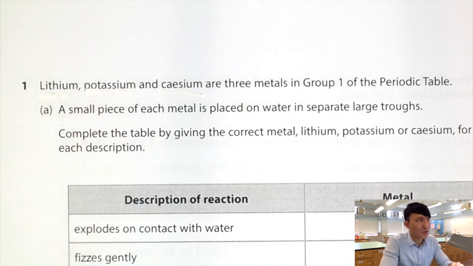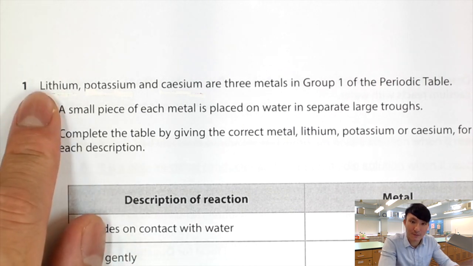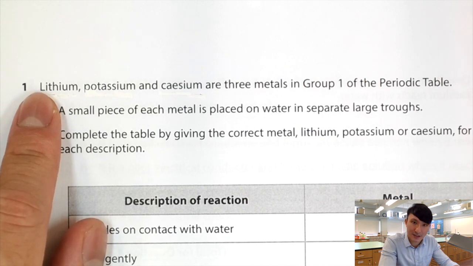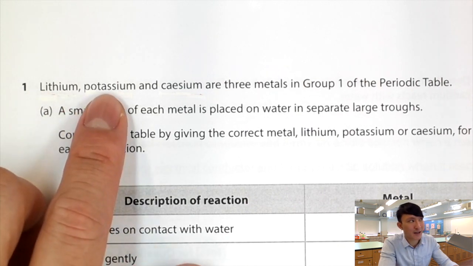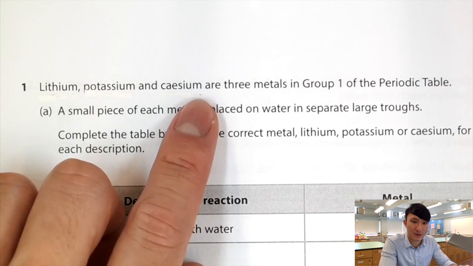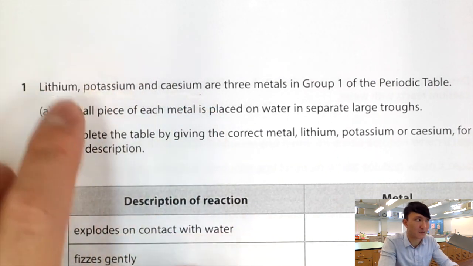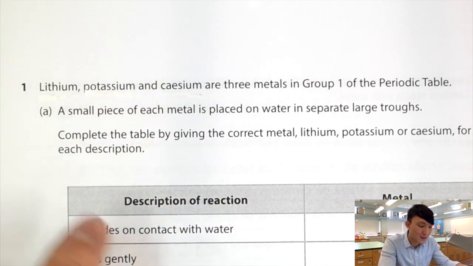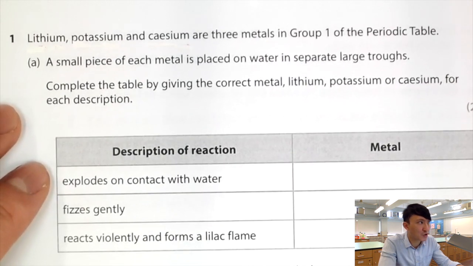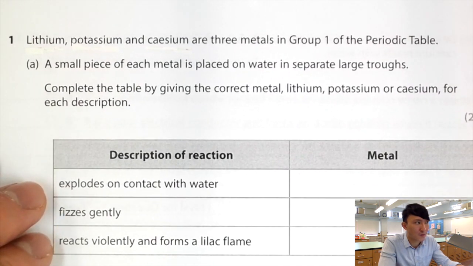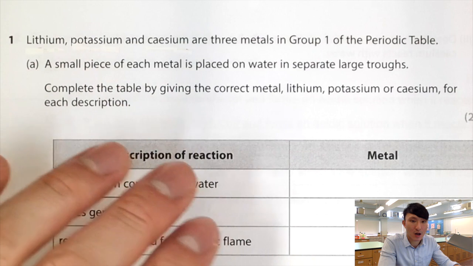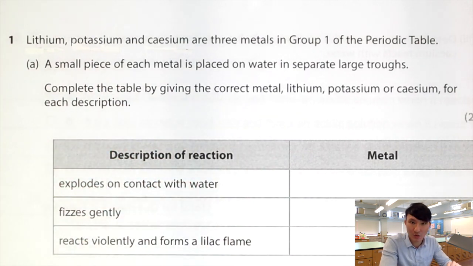Okay? Also, you need to know that for group 1 metals, the reactivity increases down the group, meaning that lithium, being the first member, is the least reactive. Potassium must be more reactive than lithium, and cesium should be the most reactive among these three metals. Now, this table shows you the observations when these metals are allowed to react with water.